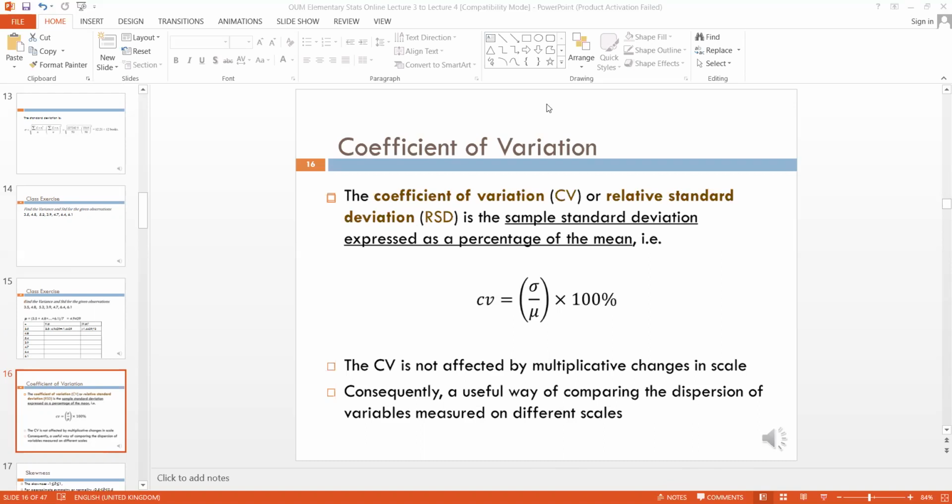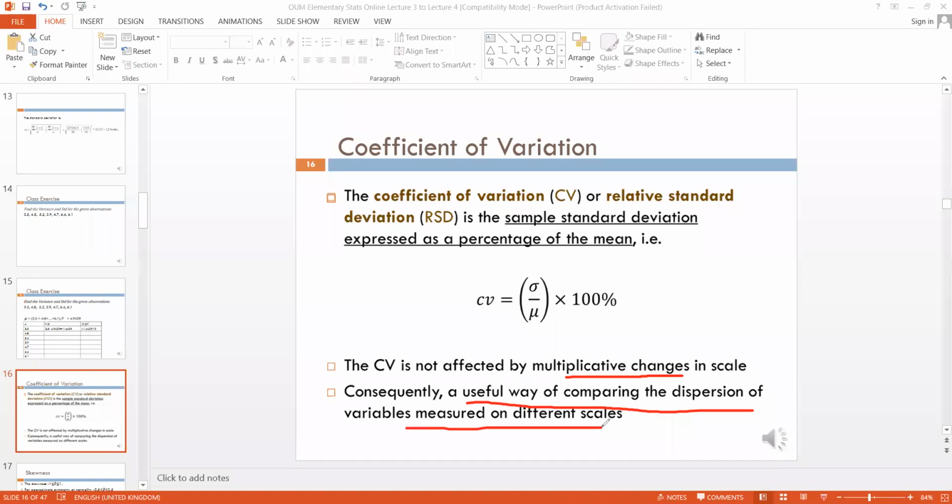Now, the coefficient of variation is not affected by multiplicative changes in scale, and it's a useful way of comparing dispersion of variables measured on different scales.